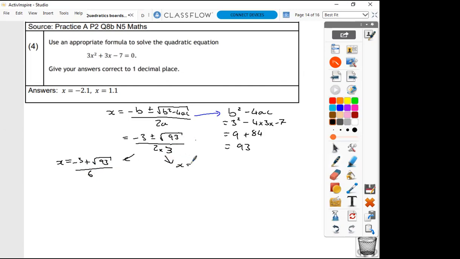And x is equal to negative 3 minus root 93 all over 6. Putting that in our calculator should give us the answers. Is anyone not seeing where these letters are coming from? Anything about it?